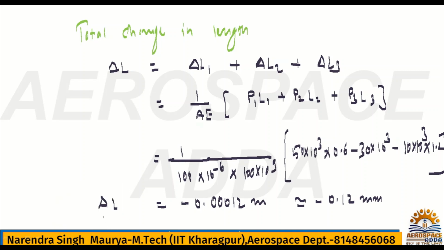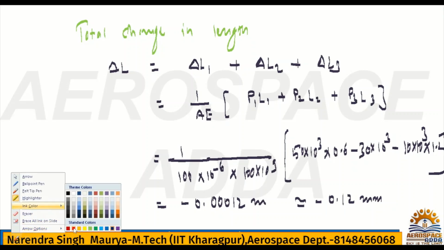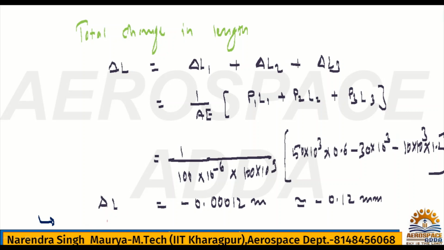Okay, you can write a comment also. The minus sign is showing that the bar is going to shorten, meaning the length has decreased.